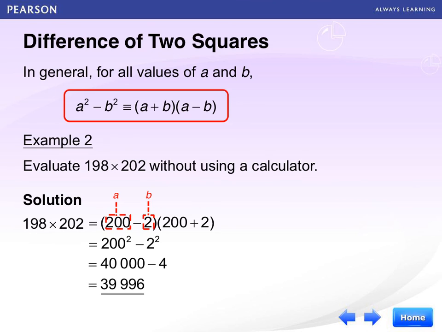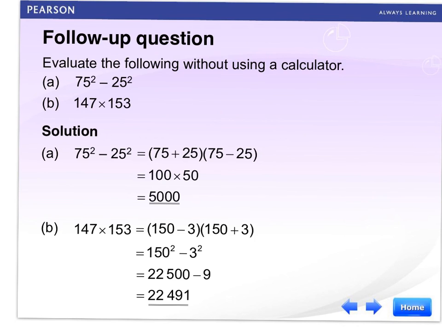In the same way, for 198 times 202, you find that one is 200 minus 2 and one is 200 plus 2. So you can make it 200 squared minus 2 squared. You can get this result. So these are the 4 questions we also demonstrated in some examples before. So this one you can read by yourself.